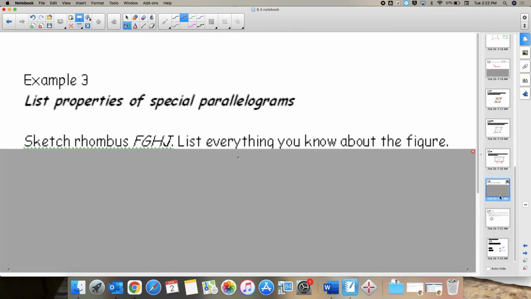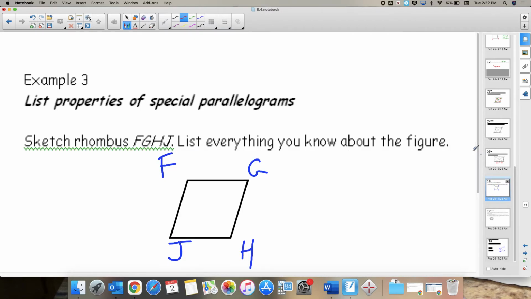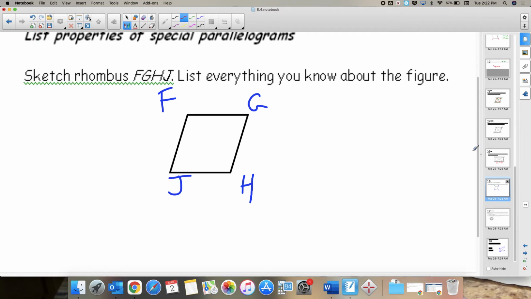In example 3, it says sketch rhombus FGHJ and list everything we know. Now, we're not going to list everything we know because we could sit here for quite a long time going over that. So just to take a look at a few things. We know that there are 4 congruent sides. That's what makes it a rhombus, right? That's its defining feature. However, we just learned some other things about it.